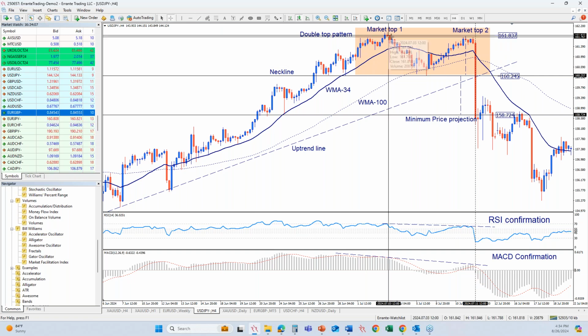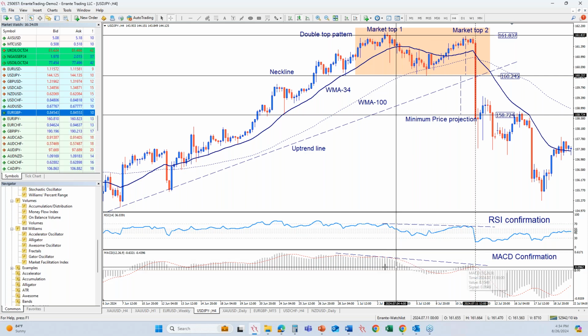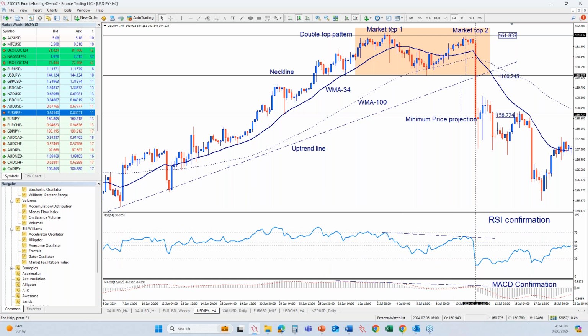We have the oscillator decelerating, forming lower tops while the price is making almost the same tops. So let's discuss the minimum projection here. The chart shows the minimum price projection at this level, which is the target price derived from the double top pattern.